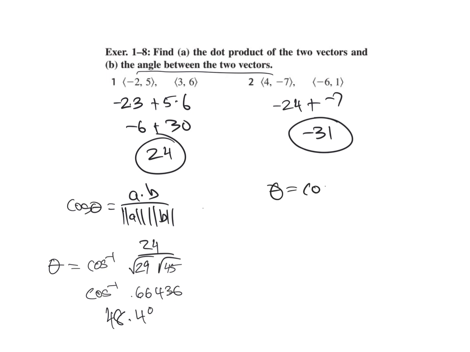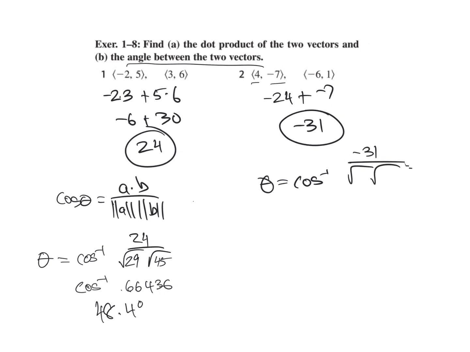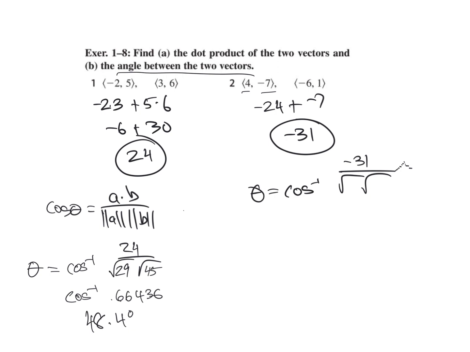All right, now we get the same thing here. Theta is going to be the arc cosine of the dot product over the magnitudes. 16 plus 49 is going to be 65, and 36 plus 1 is 37. So 65 times 37. That will be the square root of 2405, all underneath the negative 31.